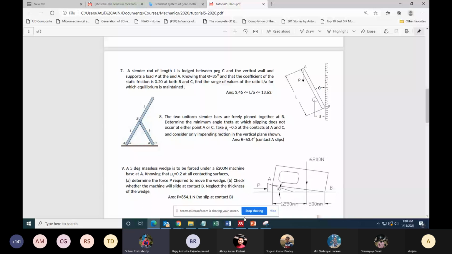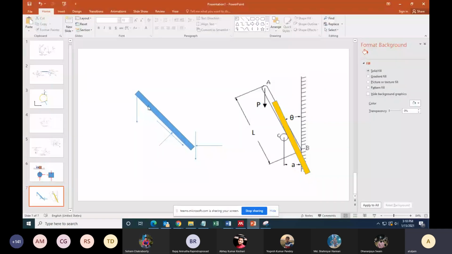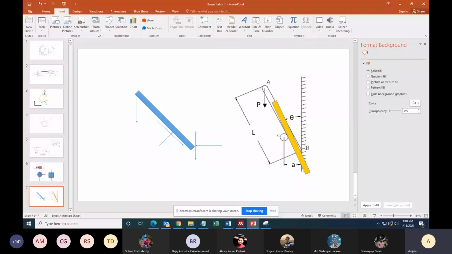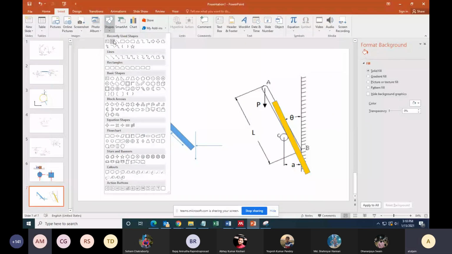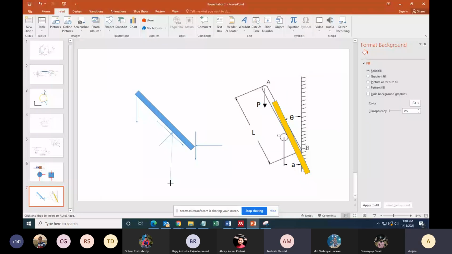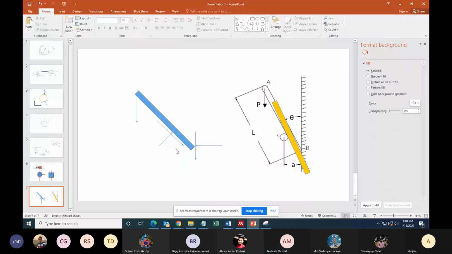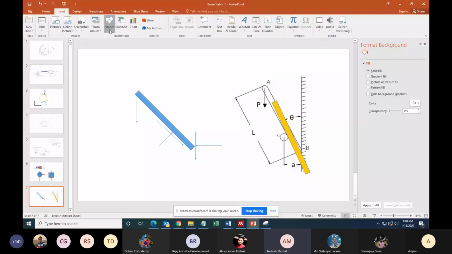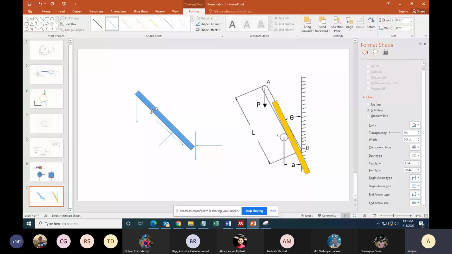Sir, what do we mean by slender? Slender means that the length by thickness ratio is very high. And what do we want to find out? We want to find out the ratio between these two lengths. Length by the width, or we can say length by the diameter ratio as well for this rod, assuming it to be circular.